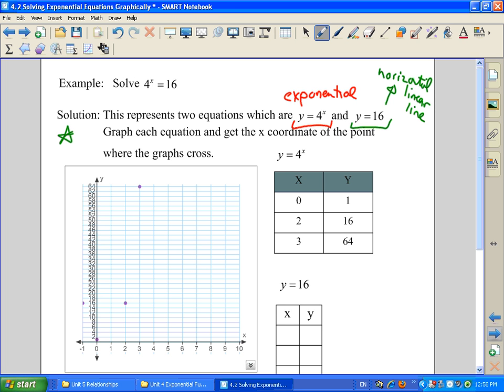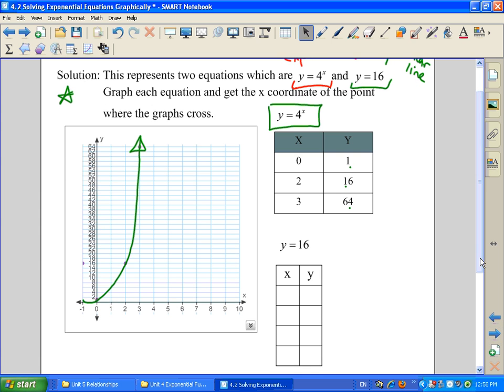So first of all, if we take our table of values for the exponential, 4 to the exponent 0 is 1, 4 squared is 16, and 4 to the power 3 is 4 cubed, which is 64. So that I can plot like so. And then equation 2, ladies and gentlemen, doesn't really matter what I put in for that, because if I go -1, it's still going to be 16.